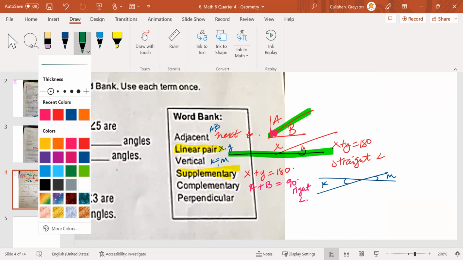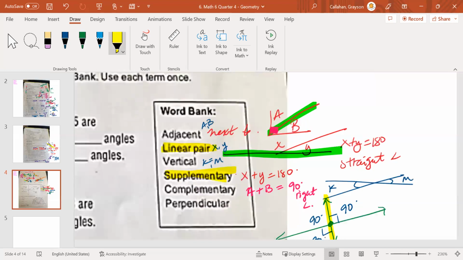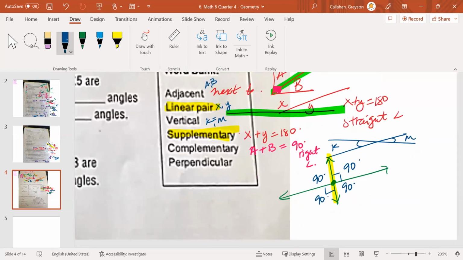Perpendicular means you have two different lines that intersect, crisscrossing each other, and they create a 90-degree angle. So that's 90, which means the vertical angle here is 90, which means the linear pair is going to be 90, because they do create a line right here. And that also means that this angle right here is also 90 degrees, okay? So that is basically the word bank.